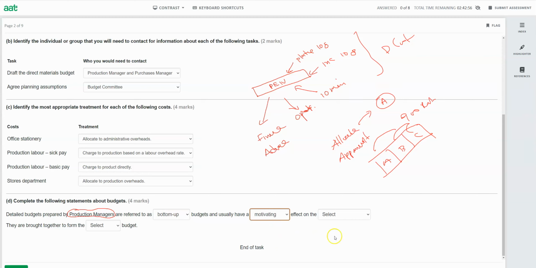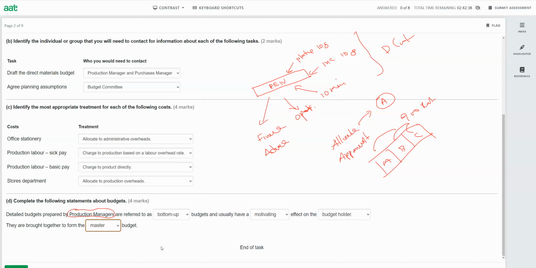And of course this will help the budget holder. They are brought together to form the master budget. So the final budget, when everything is ready and put together, we call it the master budget. So let's read once again.